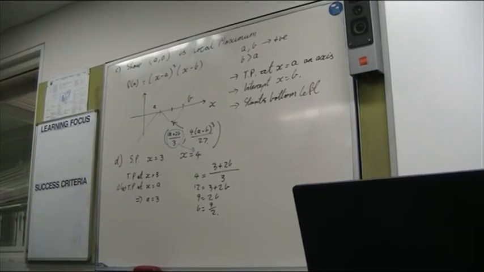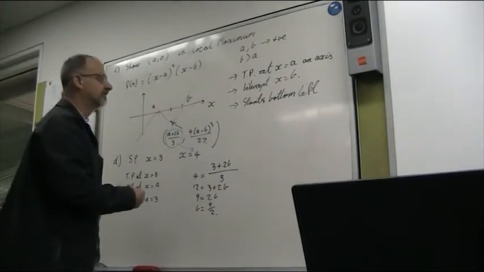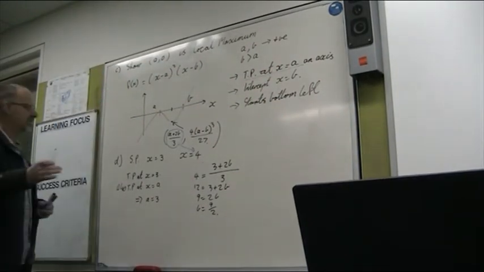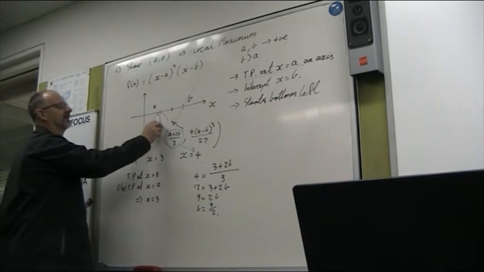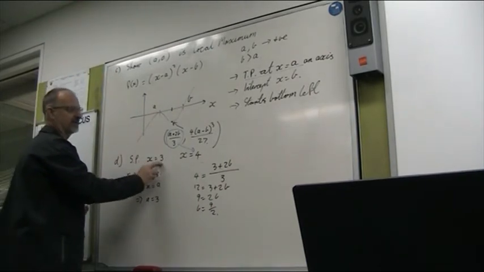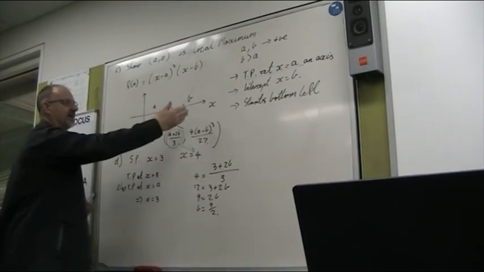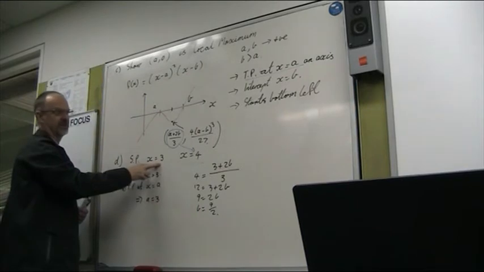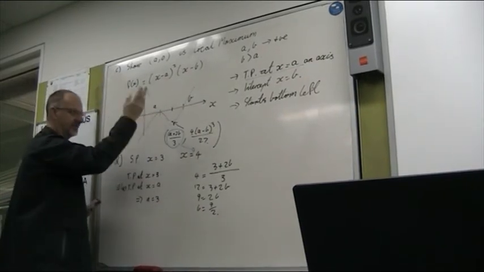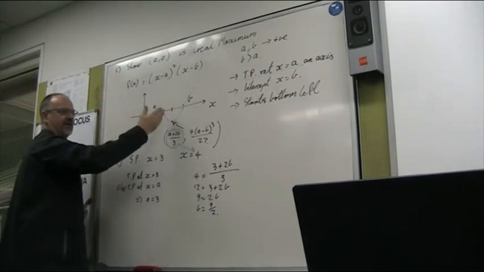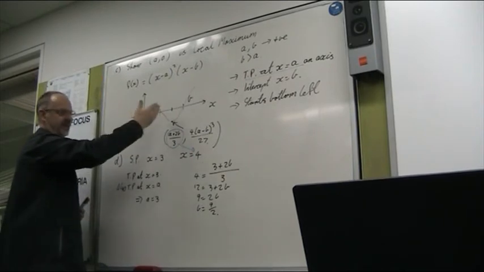Can you explain how you got a equals 3 again? Right. Here, we've found that there's a turning point at x equals a, and when we look at our graph, there's our turning point. Because we've got x equals 3 and x equals 4 here, and we know that a is less than b, if one of our stationary points is x equals 3, it's got to be the one on the left, because x equals 4 is to the right.